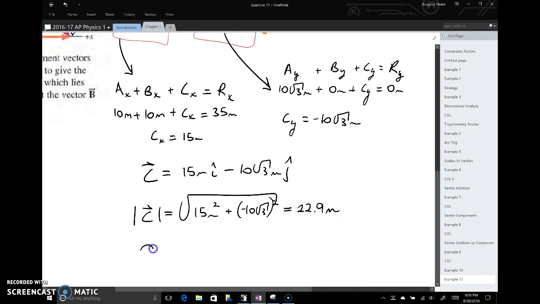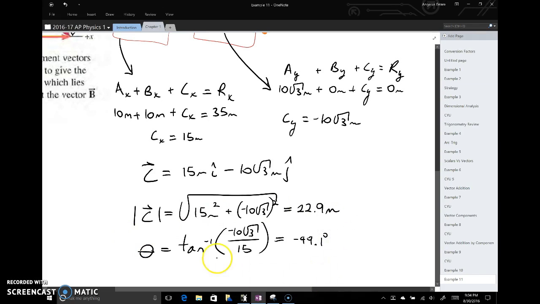And for our theta, arctan, we're going to have negative 10 root 3 over 15. And our calculator is going to spit out negative 49.1 degrees.